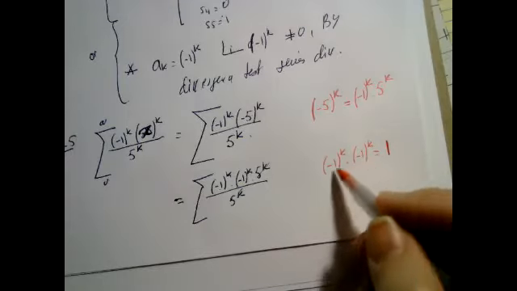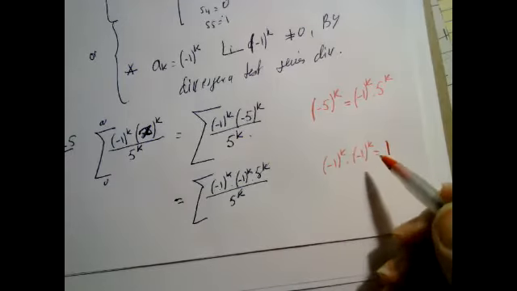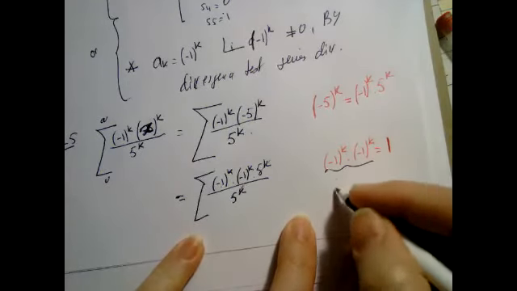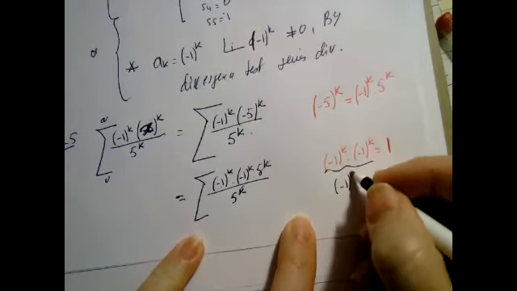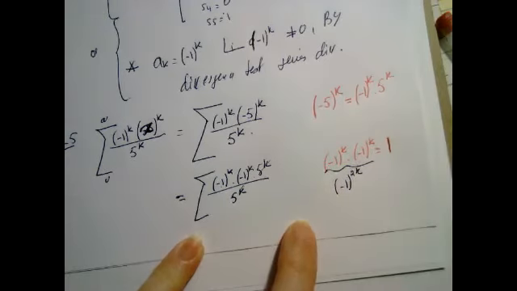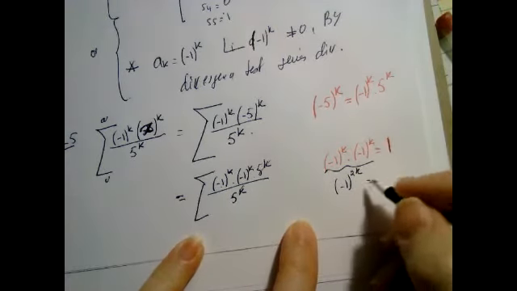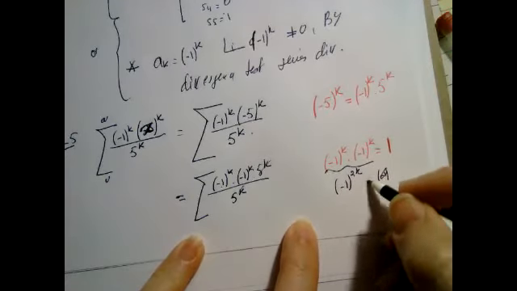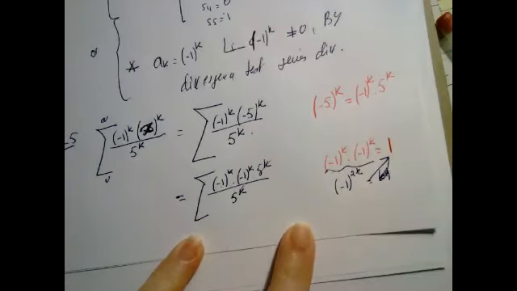So this term, -1 to the k times -1 to the k, one way you can look at it, as your classmate said, is -1 to the power 2k. But -1 to the power 2k means basically an even exponent. -1 to an even number is going to give you exactly 1.